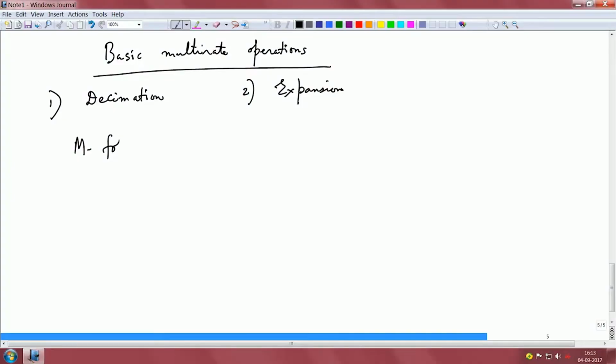Now, let us go a little deeper with this idea in mind, and we will say what is this M-fold decimator.